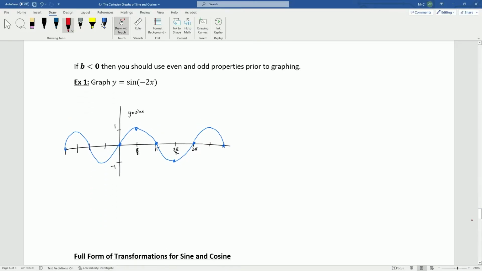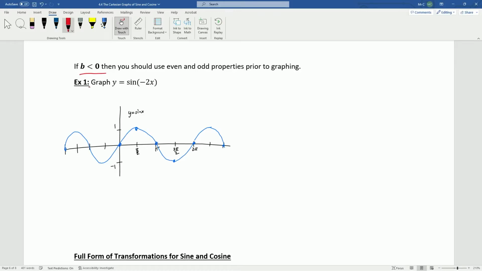Okay, so let's actually do some examples of some graphing. One of the things that I want to emphasize a lot is that we have a really nice benefit with sine and cosine functions, which is that since sine is an odd function and cosine is an even function, we don't ever have to deal with reflections across the y-axis.